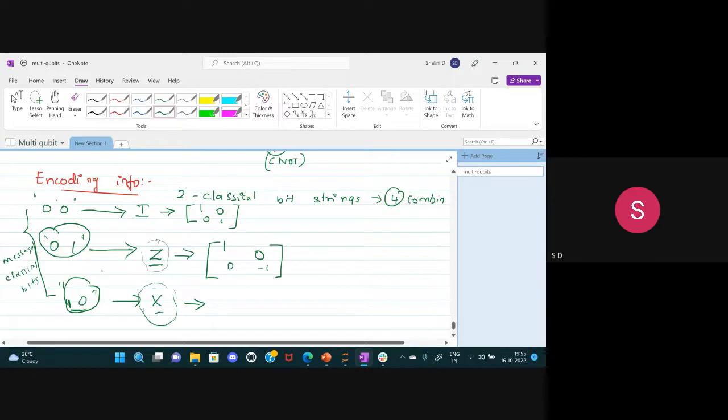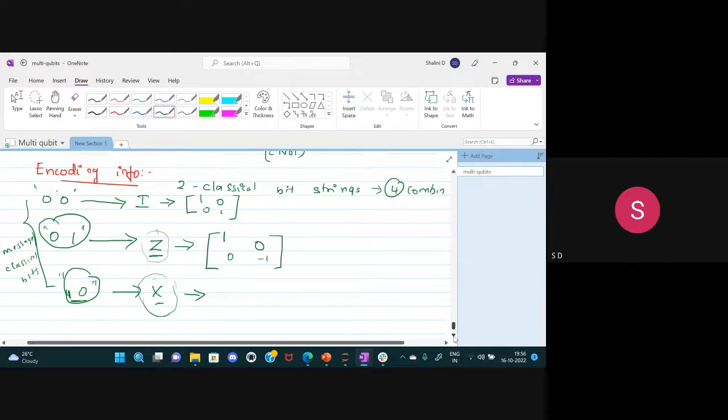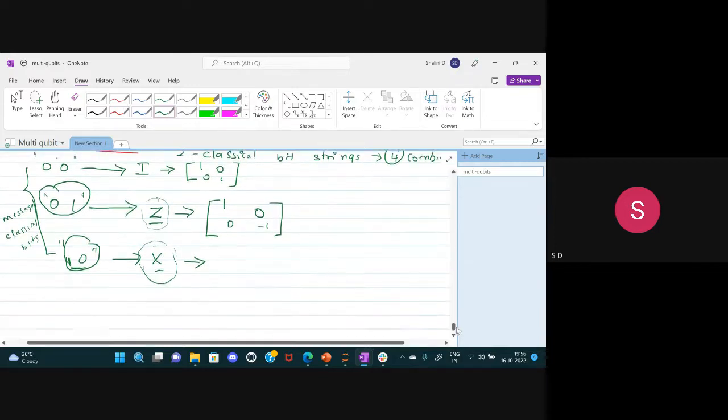Why we are using the Z gate for 01 and not for 10, this is how Qiskit is, this is how superdense coding is. We don't have an answer for this; this is how the founders have created it. The X gate is represented as 0 1 1 0.